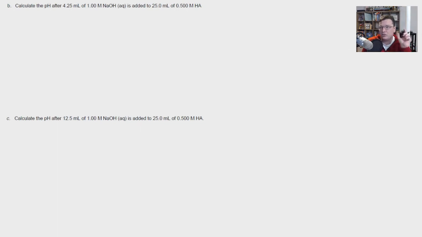The first part is the neutralization reaction, similar to what we did with the strong acid, strong base problems. Then you take those values and use them to do an equilibrium problem, which gives you the concentration of H plus, and you can plug that into calculating the pH at that point.